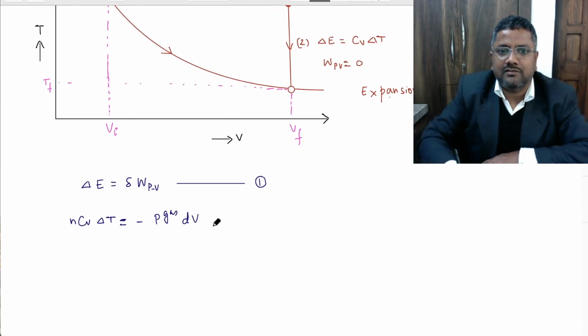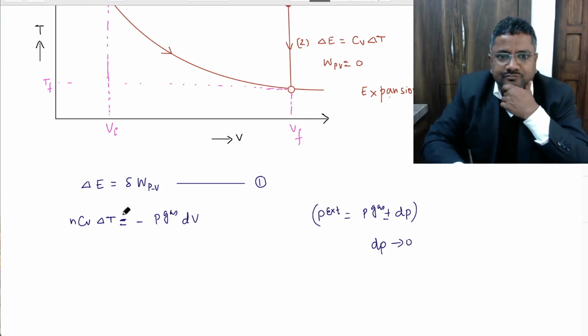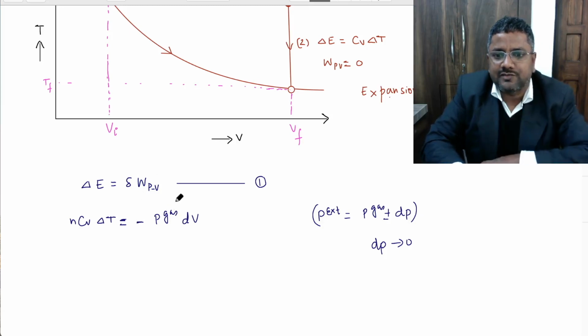Remember, in the reversible process, all of you know that P external is equal to P gas plus minus dP, and dP tends to 0. W_PV, minus is the convention, and P gas is variable here in the reversible process.